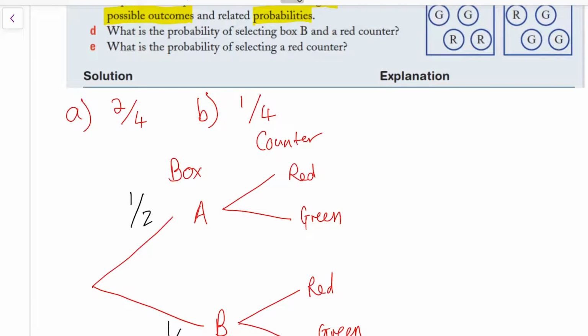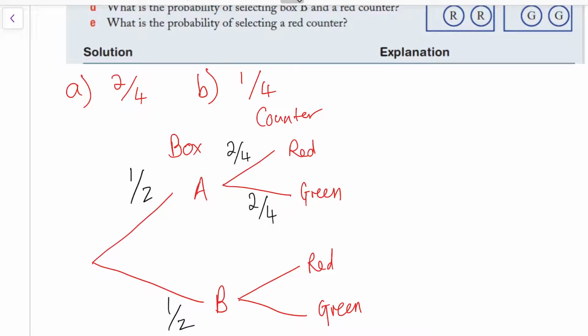Well, I've got 2 red over 4, and then I've got 2 green out of a total of 4. All right. What about for box B? I've got 1 red counter out of a possible 4, and then I've got 3 green counters out of a possible 4.